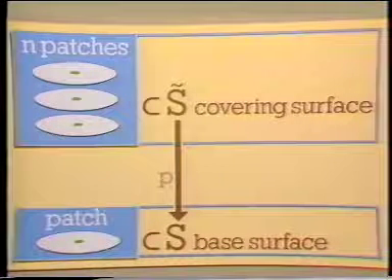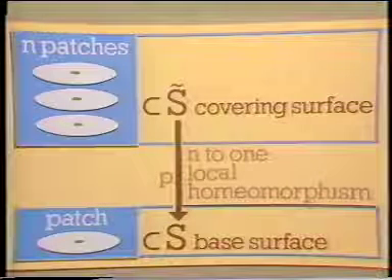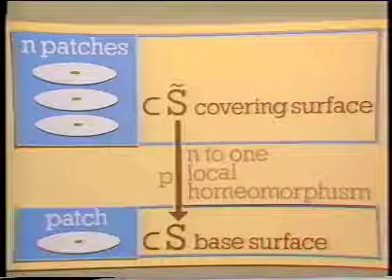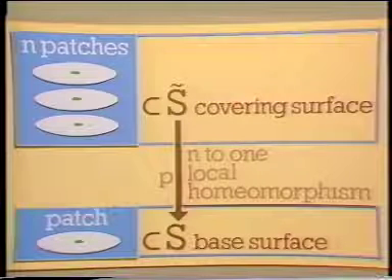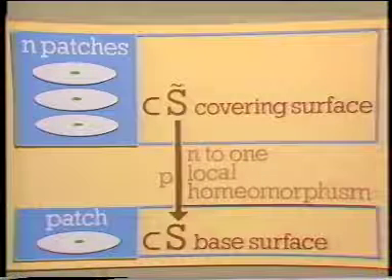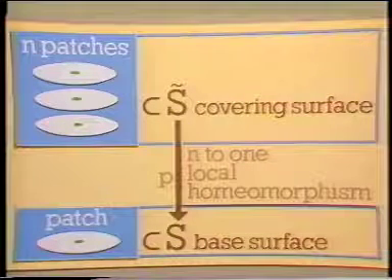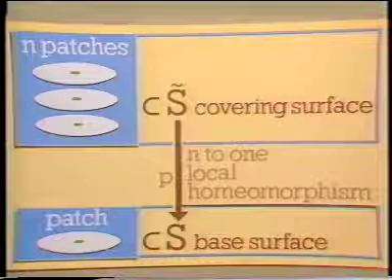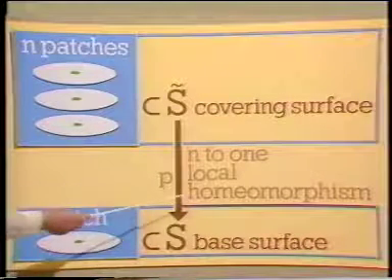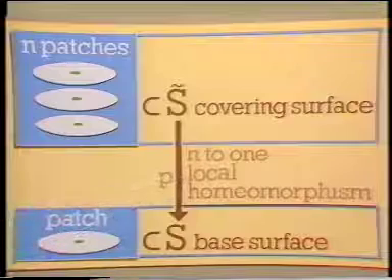More precisely, the map P is an n-to-1 map, which is a local homeomorphism. Notice this includes the case n equals 1, when the map is actually a homeomorphism. So n can be any integer greater than or equal to 1. We usually abbreviate all this by just writing the number n.